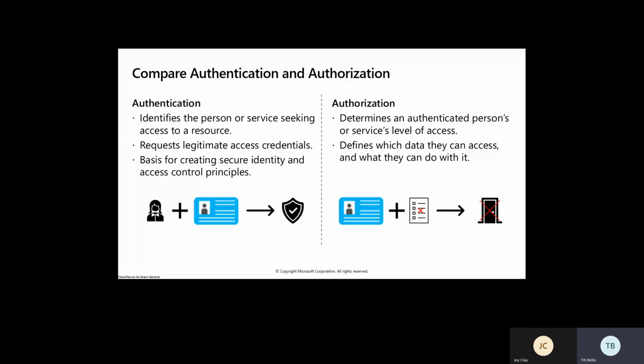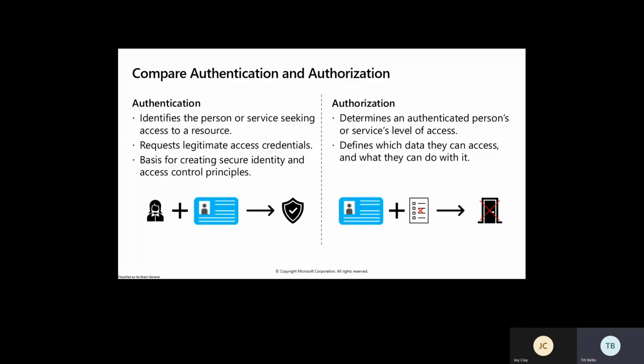So based on what my identity is allowed to do, I'm able to gain access to a resource, or I'm being denied access to a resource if my identity is not permitted to access such a resource. So this process of permitting or denying a particular identity's access to a particular resource is known as authorization.